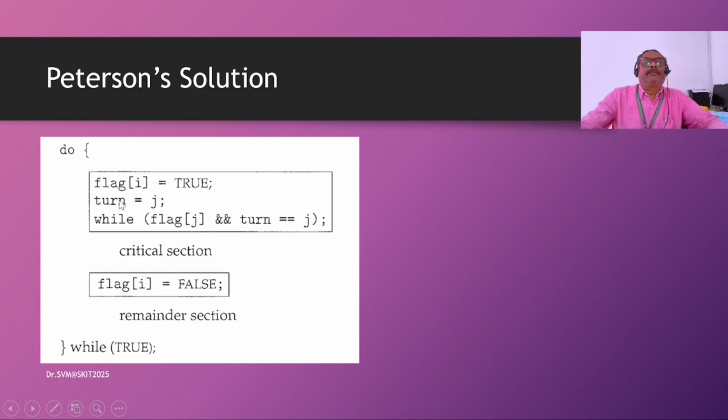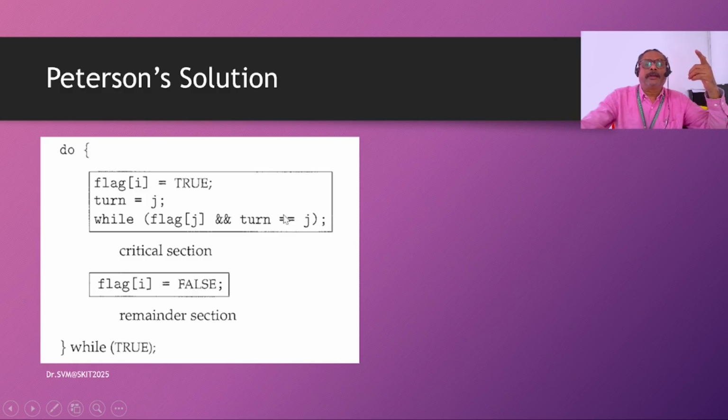So if I has said it last, then turn value will be J, then this remains true, so I waits. If J had written last, then J had written turn equal to I. Therefore in this case flag J, yes it is true, but turn is I, therefore this is not true.